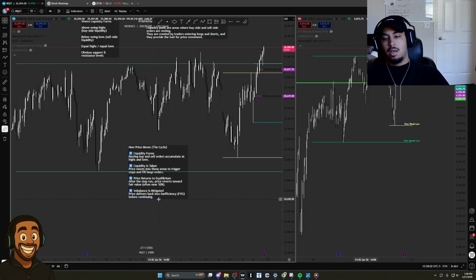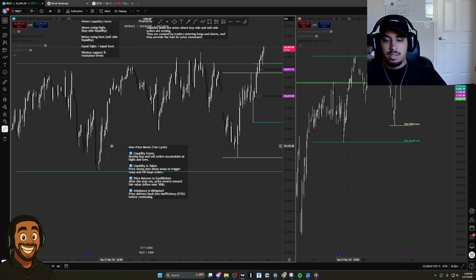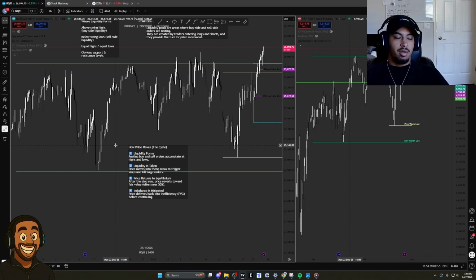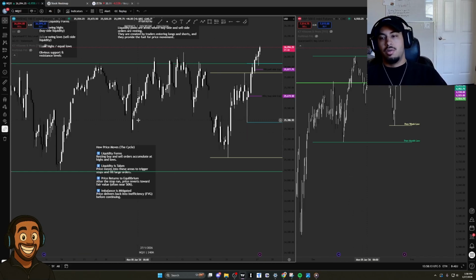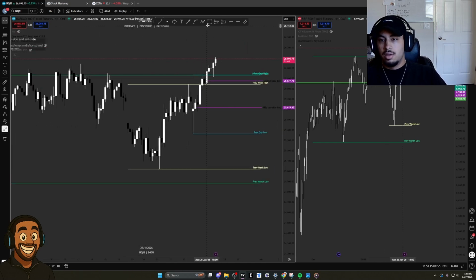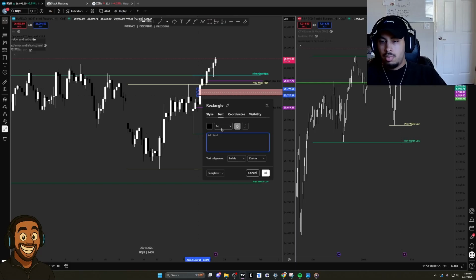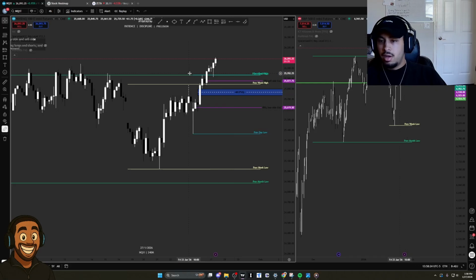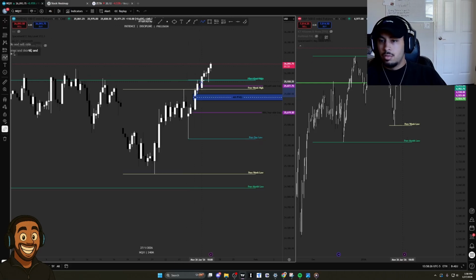Imbalance is mitigated. Basically, price tends to go back to a higher time frame PD array, which is a fair value gap, before continuing. So if this one's a bullish 4-hour fair value gap or PD array, it means price usually ends up going here, touching into it, and then respecting it and going higher.